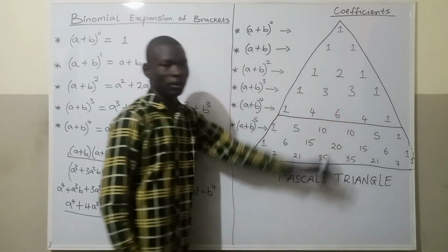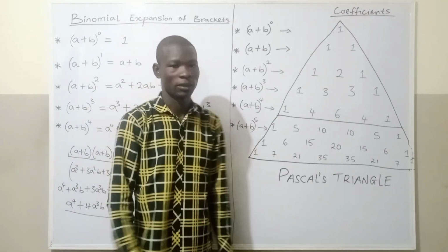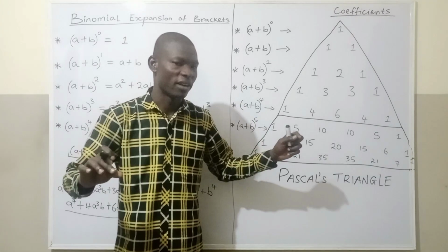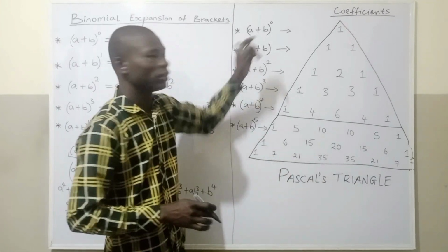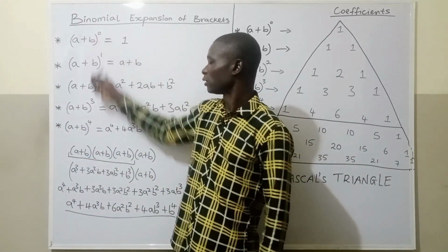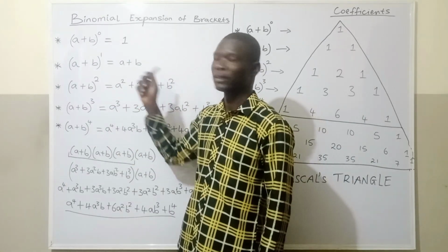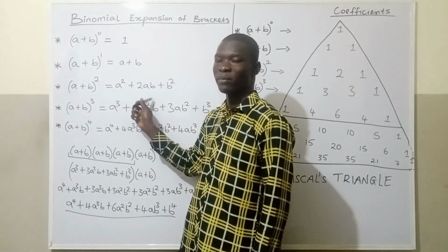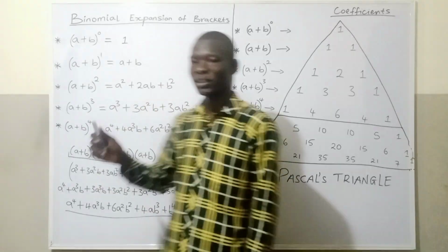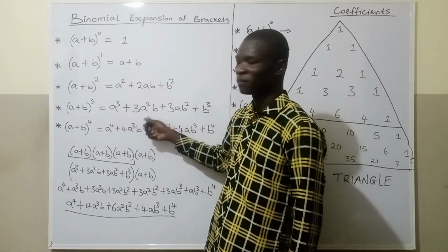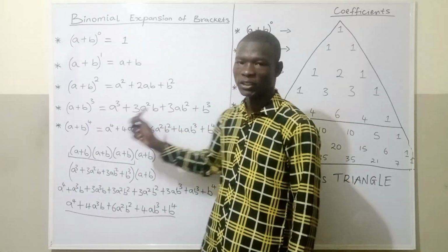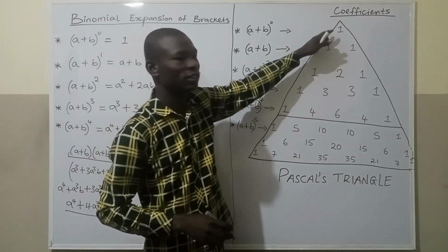So this is how the Pascal's triangle is being gotten. A triangular array of numbers gotten from the coefficients of the expansion of binomial brackets. And when we expand those binomial brackets, the coefficients listed out generate this particular one.